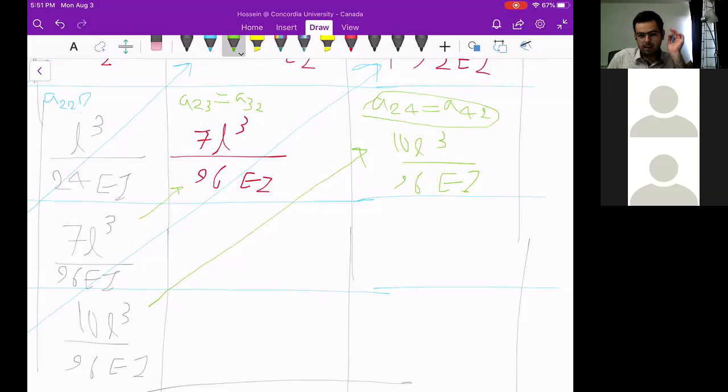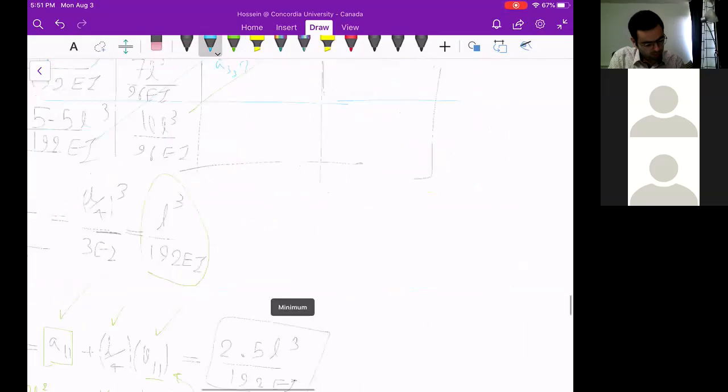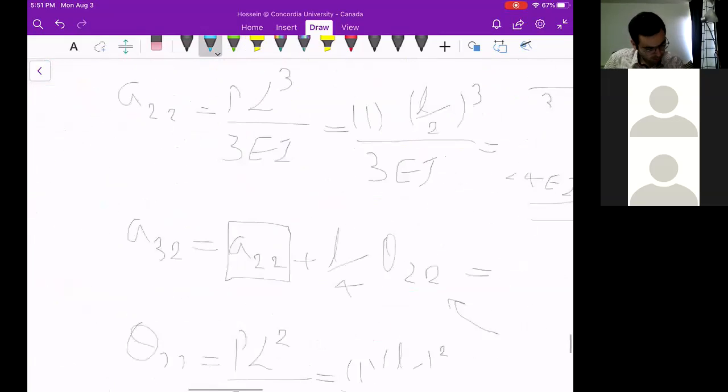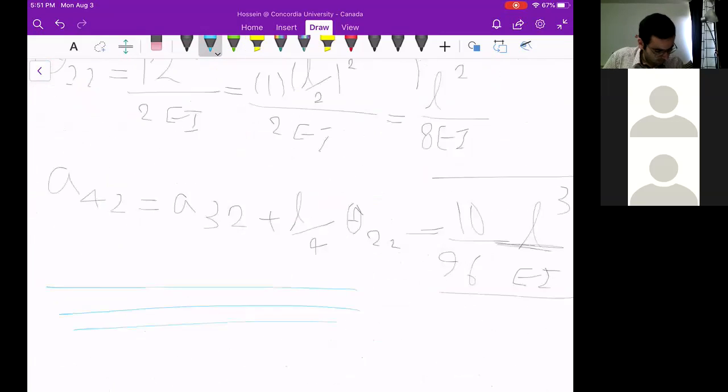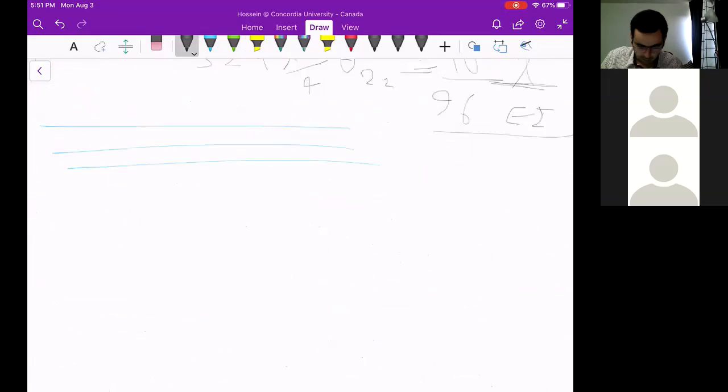So the next step is A33. I don't want to take your time, but the approach is the same. A33 is PL cube over 3EI.